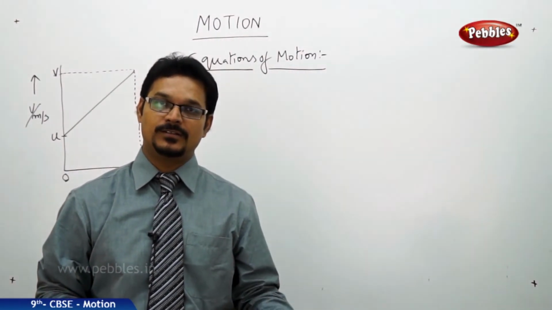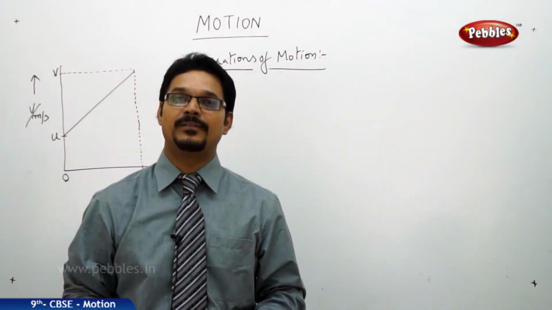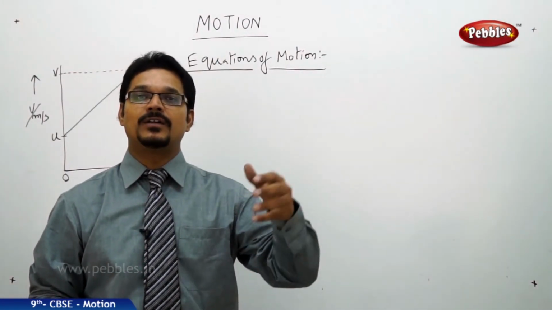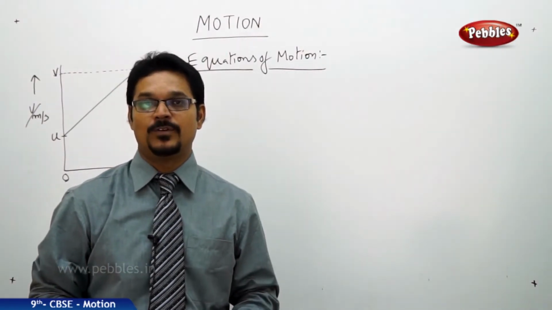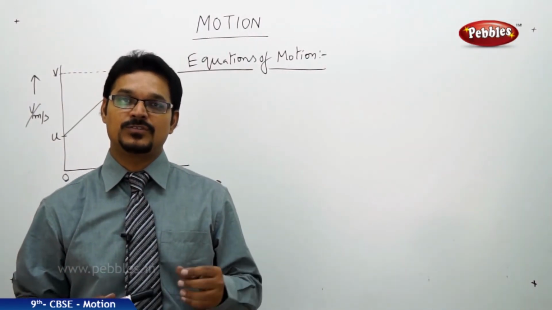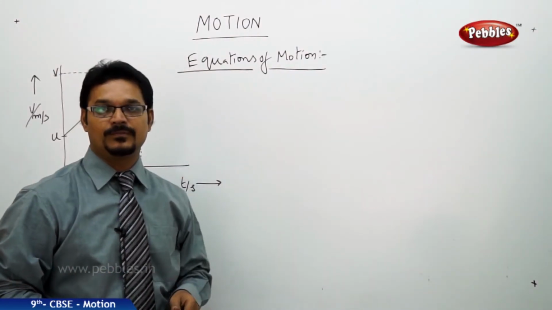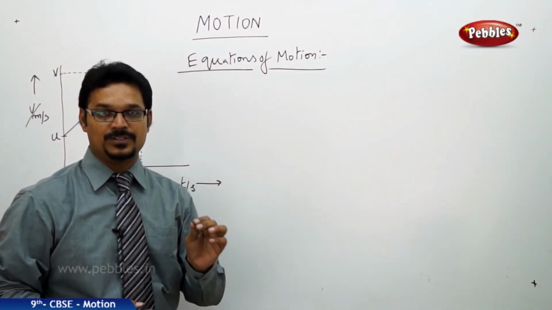You know time taken, initial speed and final speed, and you want to find the distance traveled. Or maybe you have dropped a ball from a tower and you want to know the speed of the ball when it hits the ground. To solve this type of questions, we need to know the equations of motion. These equations are also called kinematic equations.